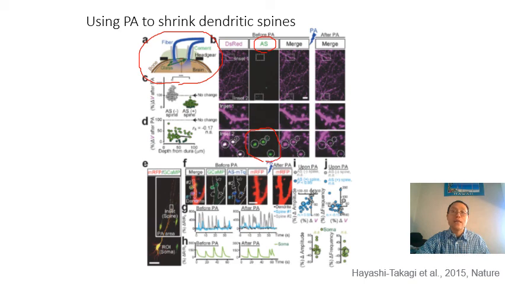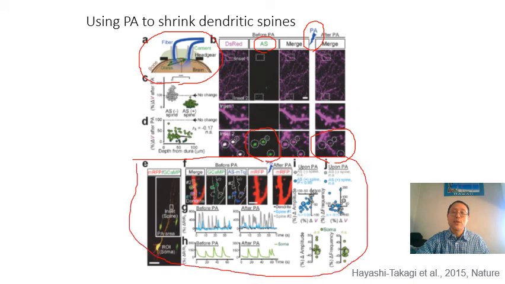But after they give the photoactivation, you can see that all of these dendritic spines that just recently grew out get erased. Okay, and then down here they do a lot of control experiments to basically show you that after they use a photoactivatable RAC, photoactivation of the RAC protein, they can make the new dendritic spines shrink. Okay, so that's basically just the gist.